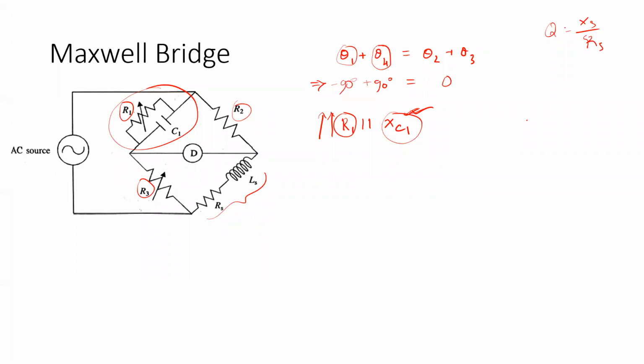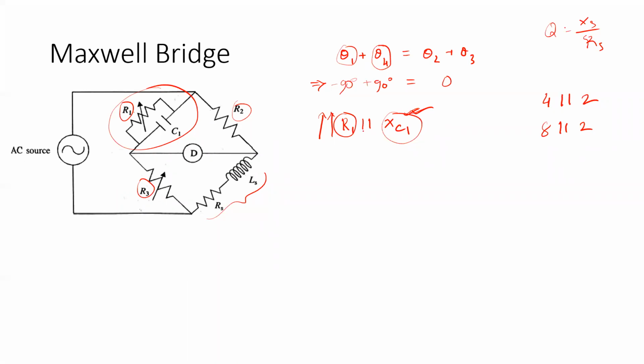For any parallel combination, if we consider two resistances, 4 in parallel with 2, the equivalent value will be closer to 2.